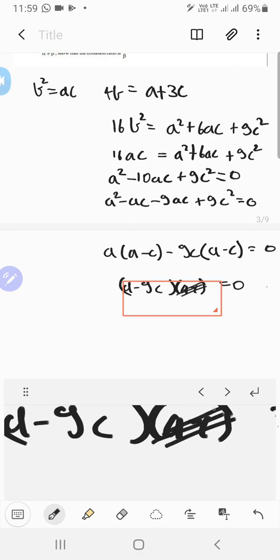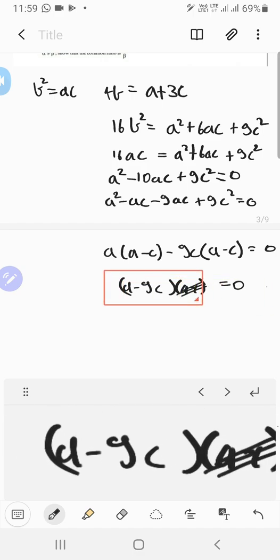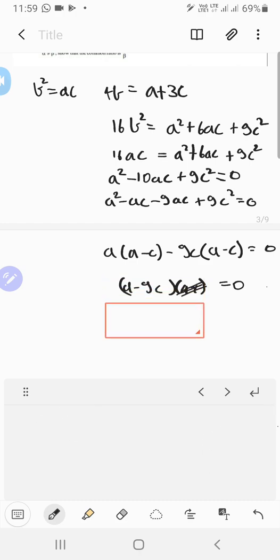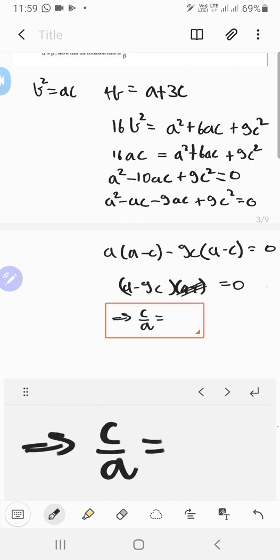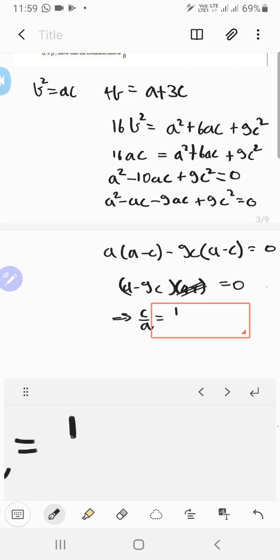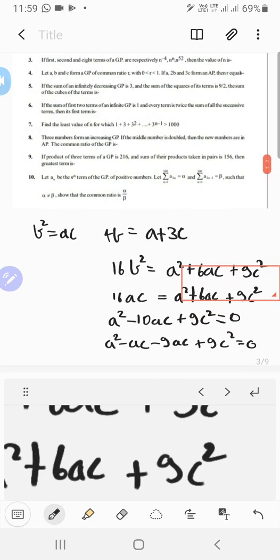So discard this. So A equals 9C, therefore C by A is nothing but 1 by 9, which is also the common ratio. Okay, let's move on.